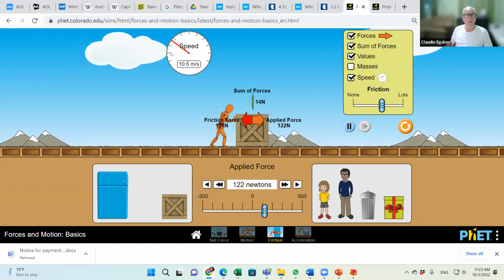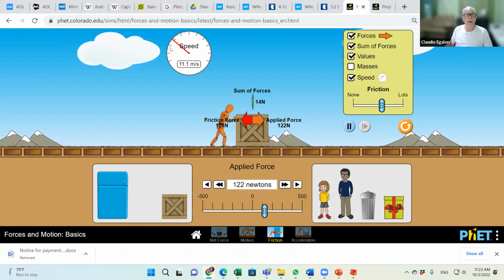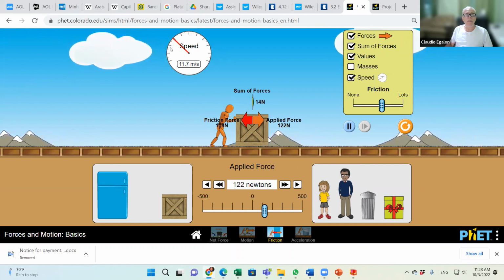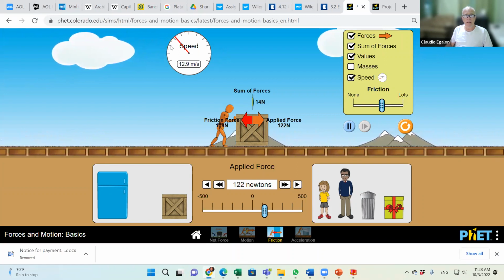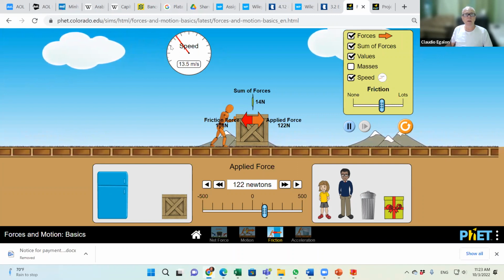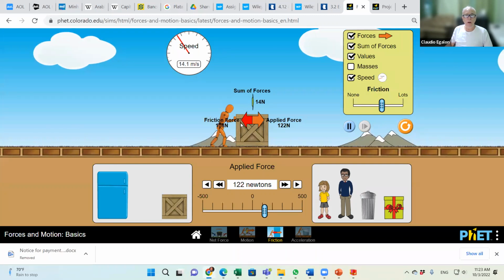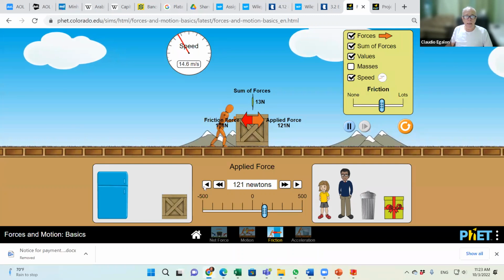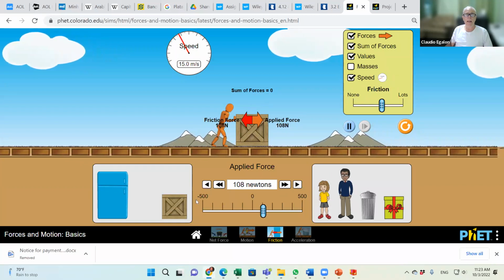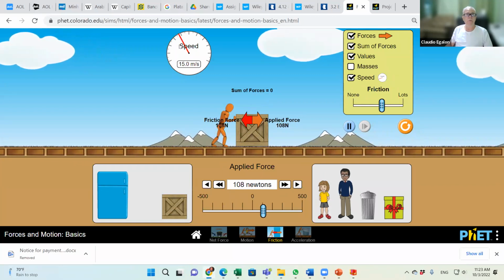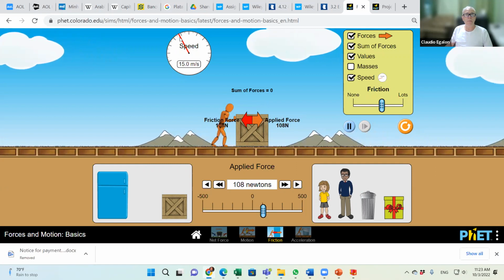See the speed is increasing. Now that the net force is different from 0, the speed keeps on increasing. We generate an acceleration. That's Newton's second law. Let me go back here to net force equal to 0. Here you go. Net force is equal to 0. Speed constant.